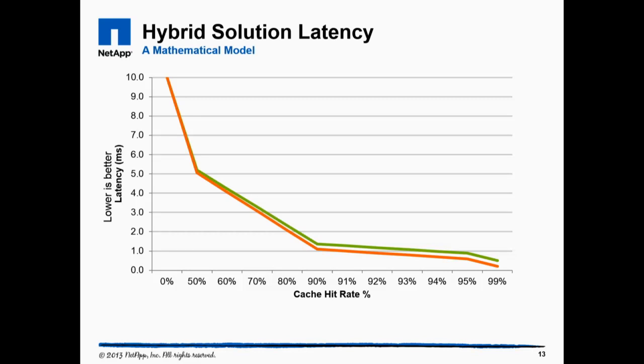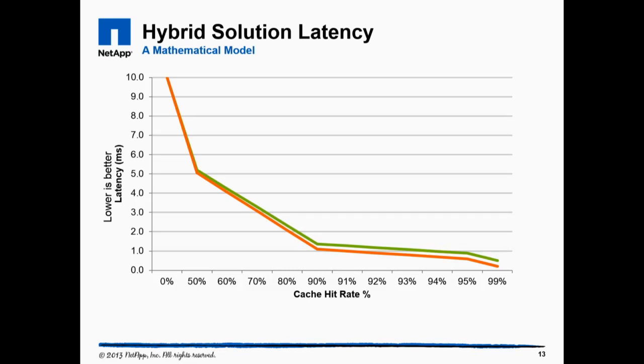And if you notice, there's two lines here on this graph. So the green line is where the average latency would be if my cache hits were coming at around 400 microseconds. The orange line is where my average latency would be if my cache hits were coming at just 100 microseconds. So there's not much difference discernible in what a user might experience in their applications anywhere along this line until you get way out to the right-hand side where you've got a very high cache hit rate, but then you're still under a millisecond for both of those.